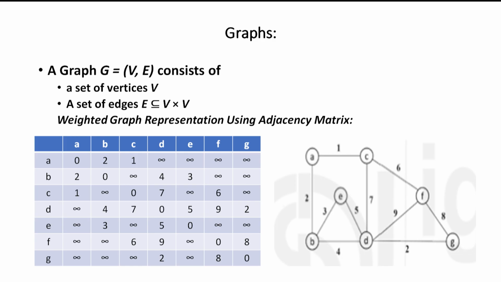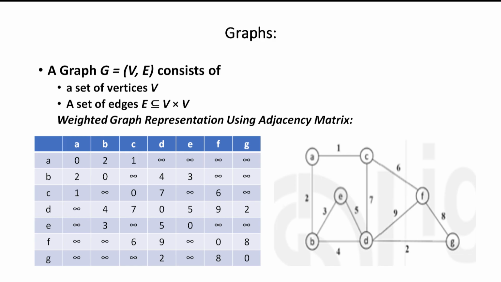A graph can be represented in two ways. One is the adjacency matrix representation and another is the adjacency list representation. For example, in this particular slide, you can see a graph which is in fact a weighted undirected graph.